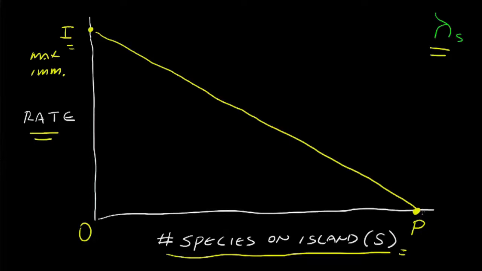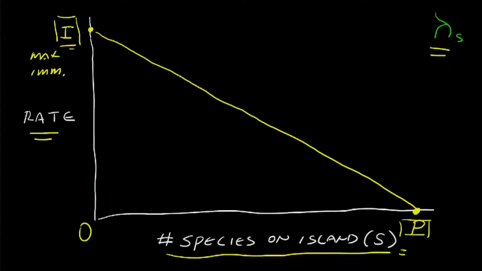We've got them all, right? So P is the number of species that could potentially be immigrants. It's the number of species from our mainland, which we might call our source pool. So this is what we'd expect our relationship to be like for immigration: the relationship between immigration and number of species on an island.